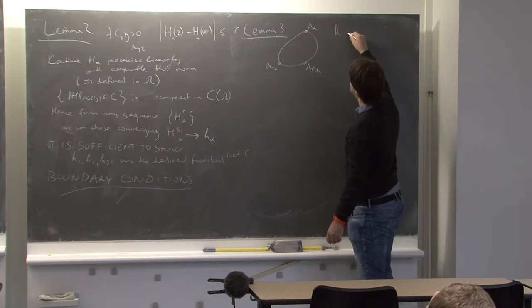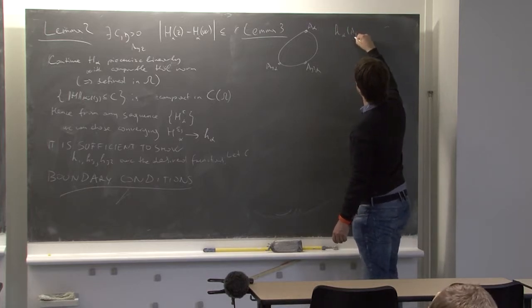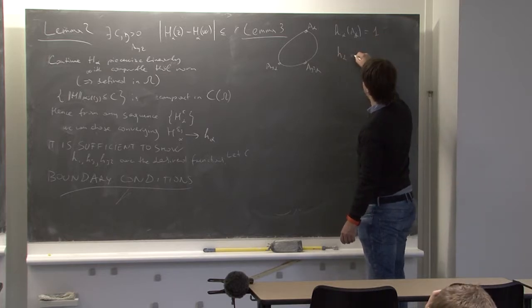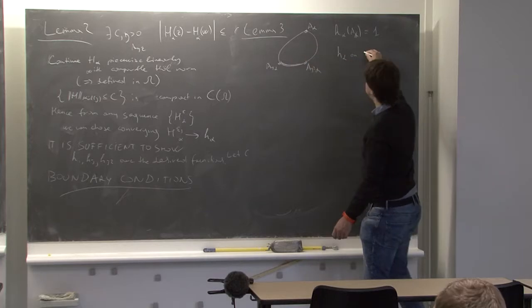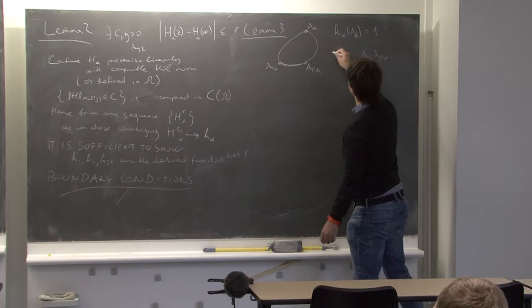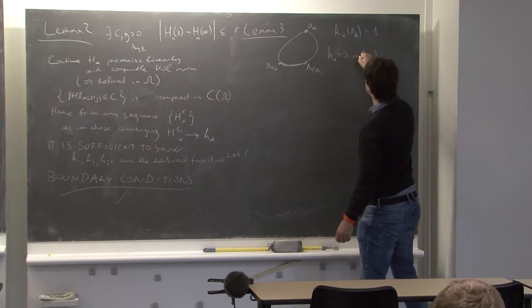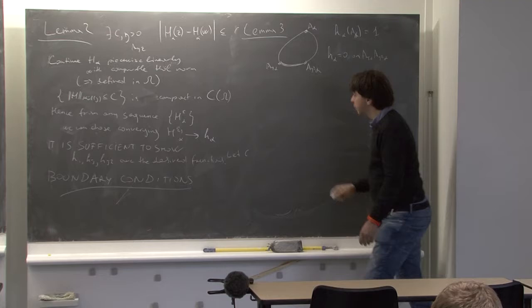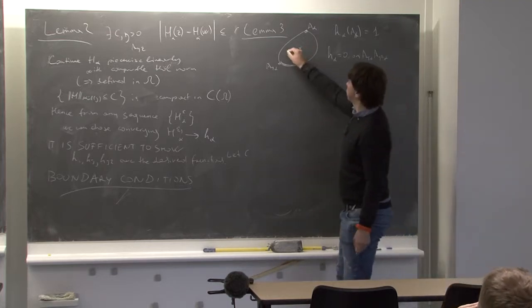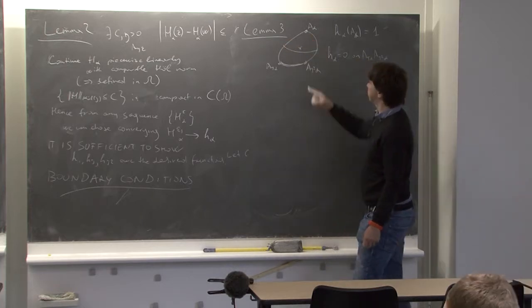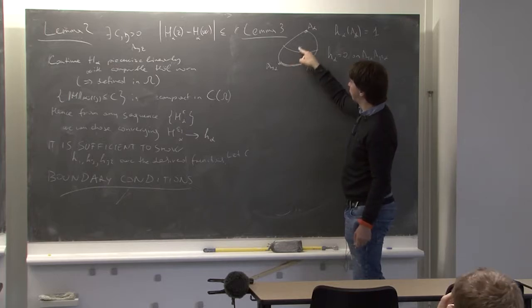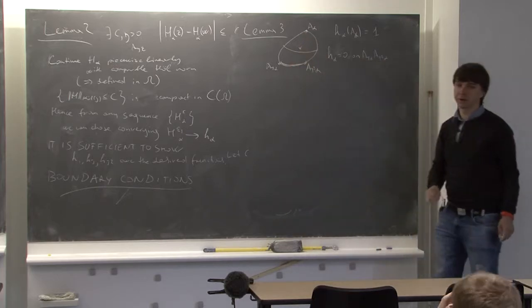So h alpha at A alpha is equal to 1, and h alpha on this arc is equal to 0. So if I take the probability that my point is separated together with A alpha from the bottom arc: on the bottom arc it's 0, and at the upper point it is 1 in the limit.